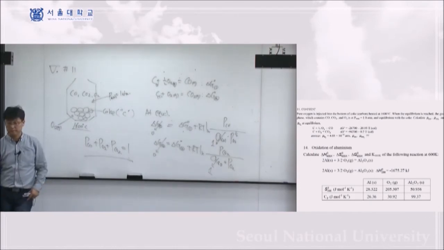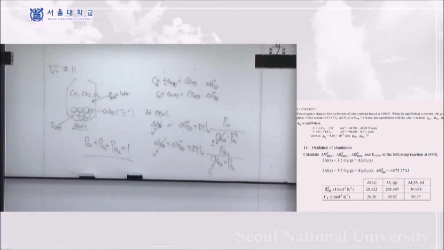So we have 3 equations. Okay, I'm not using initial and final. You can set up in that way, initial and final, but there's no point here. That's why I just go directly in this way.